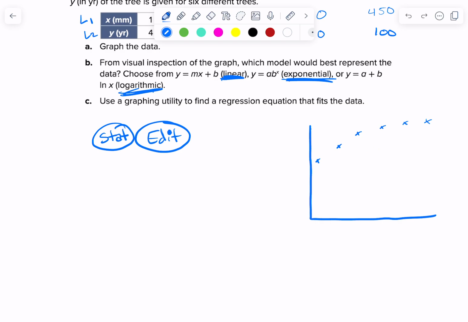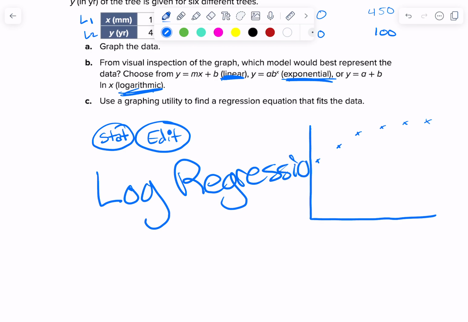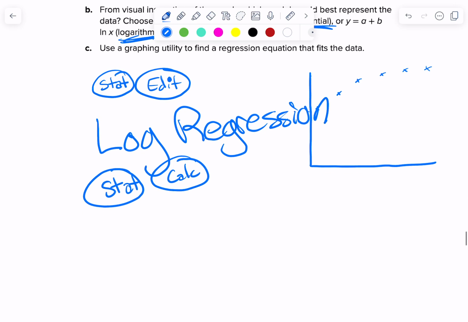Okay, really quick. Everybody listen to this. When you're doing log regression, go to stat, stat calc. I want to show you something because everybody gets it wrong every single time. Stat calc. You have two options: logistic reg, and then you have ln reg.